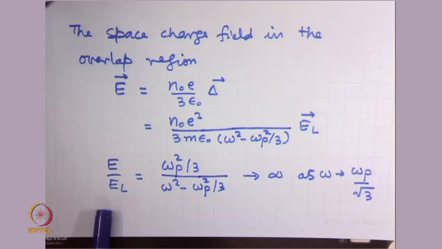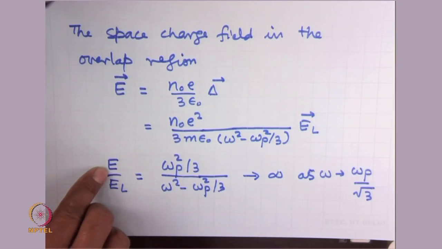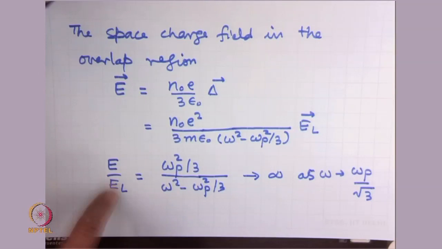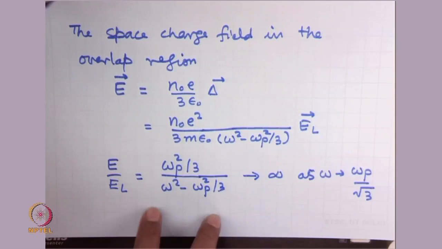So, if the laser field can do any effect on charged particles, then inside a cluster the effective field that has been induced by this laser is resonantly enhanced by this factor. And this is primarily the basis for surface enhanced Raman scattering by million times, and we shall discuss that.